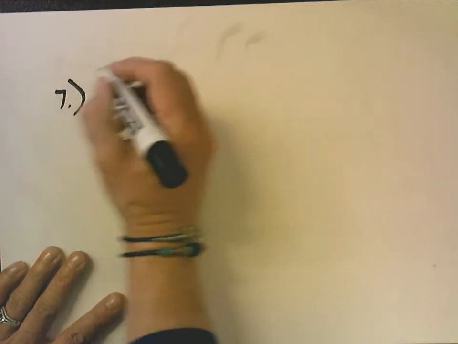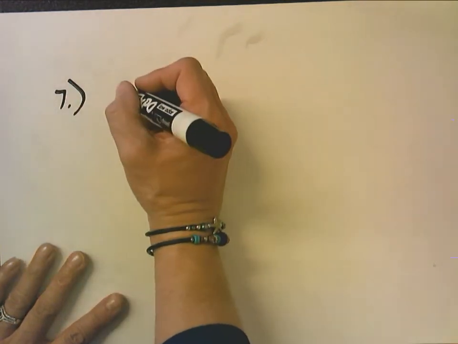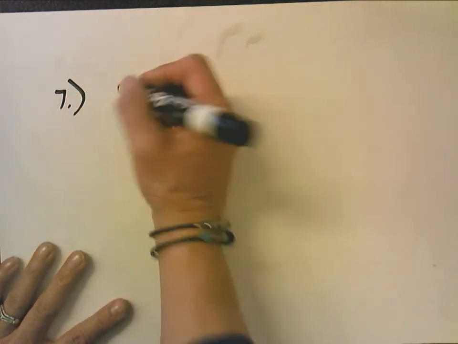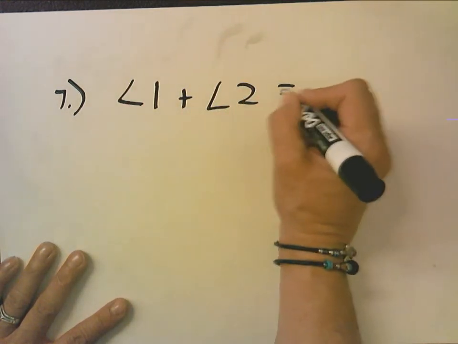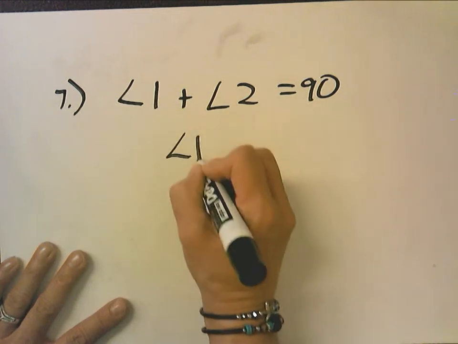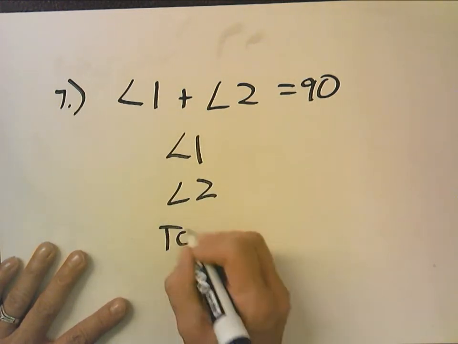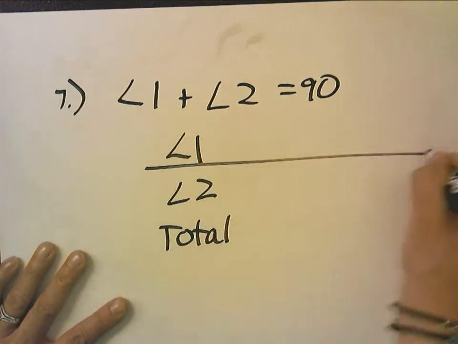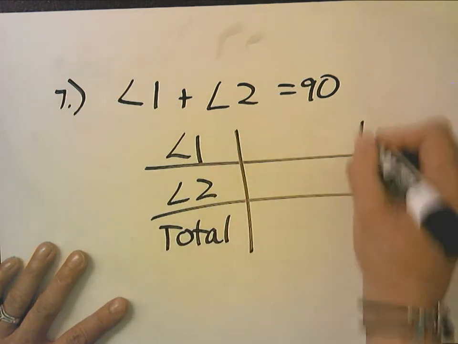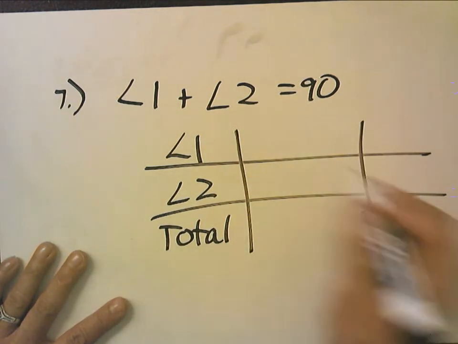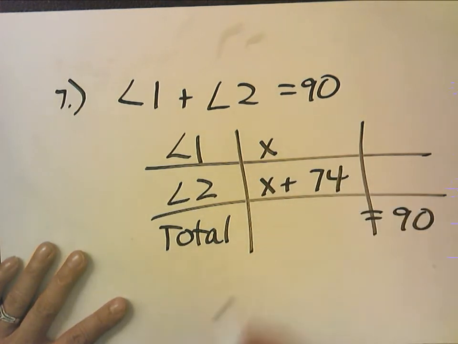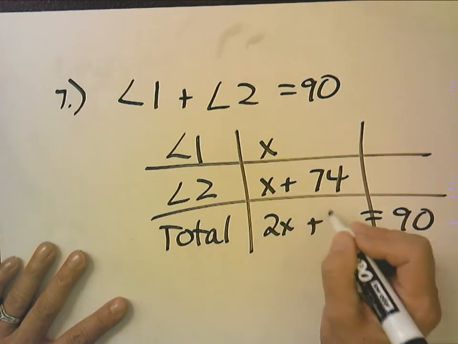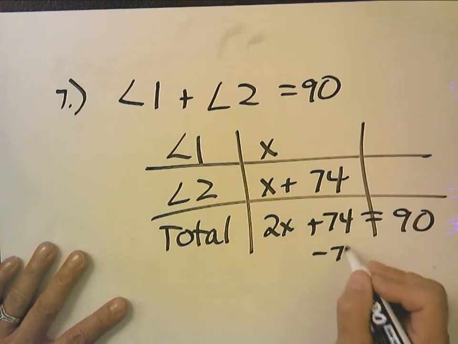So number 7 says an angle is 74 degrees more than its complement. So angle 1 plus angle 2 equals 90. Angle 1, angle 2, total. Don't know angle 1, but we know angle 2 is plus 74, so this is 2x plus 74 equals 90.